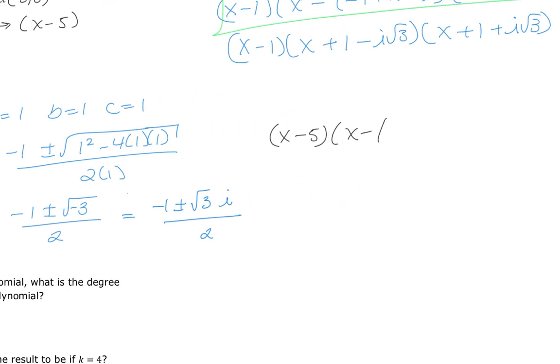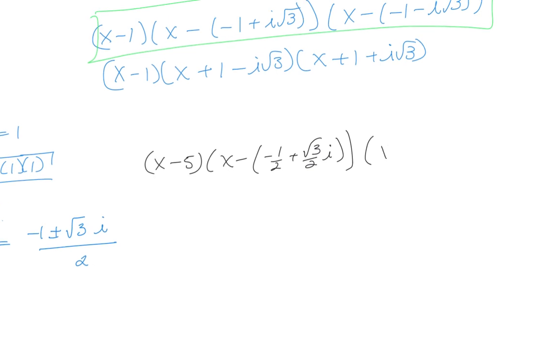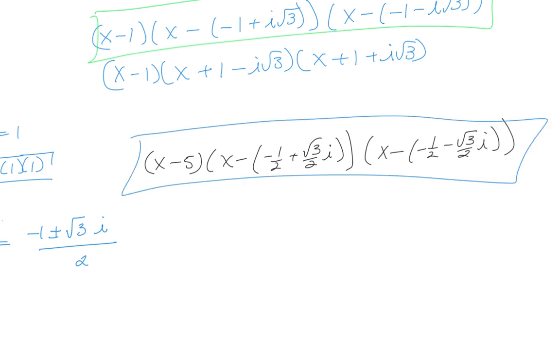X minus -1/2 plus square root of 3 over 2i. And then x minus -1/2 minus the square root of 3 over 2i. Put it in the correct a plus bi form. Again, I can totally leave it like this, or if you feel like you want to pull this negative through, you can. I personally would leave it just like that.